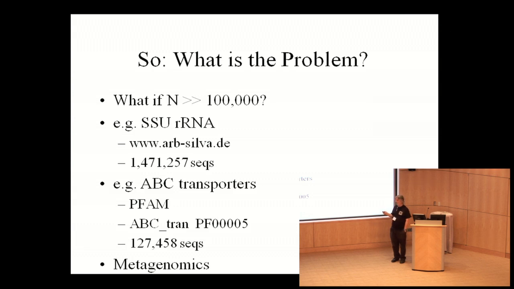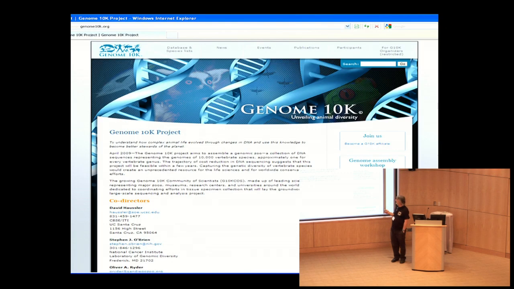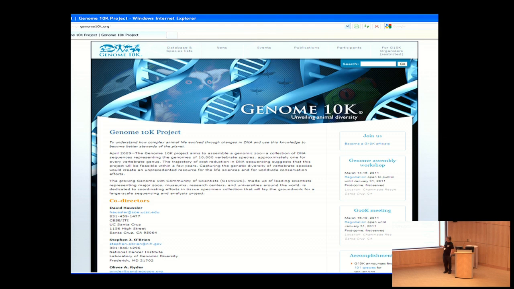The metagenomics community have huge alignments. They're going to get bigger. Here's another reason why alignments are going to get big. This is the Genome 10K project. Everyone's got to have a big genome project, and so this is a project to sequence every vertebrate genus. Every genus of frog, toad, fish, bird, mammal, everything. It's quite an ambitious and amazing project.